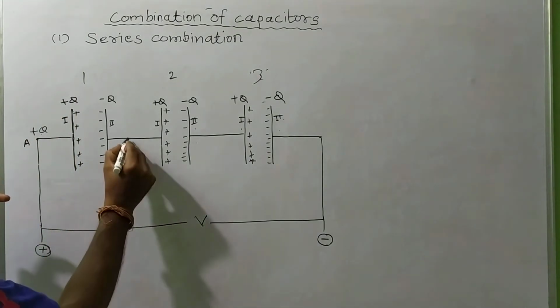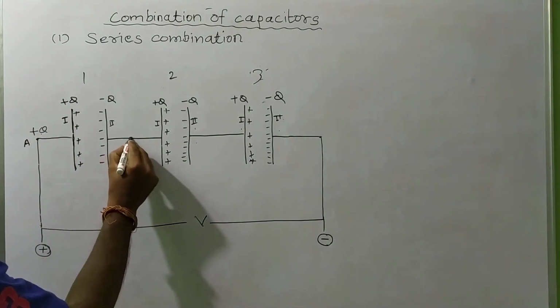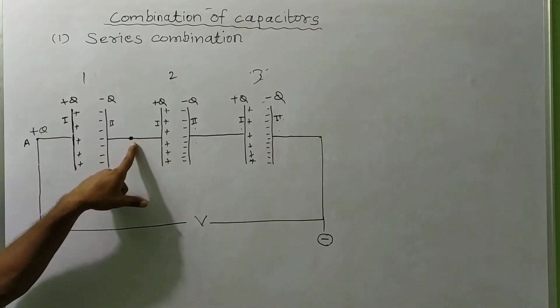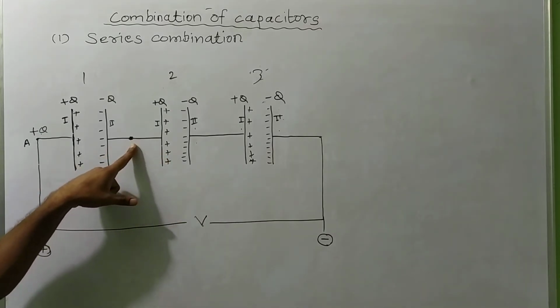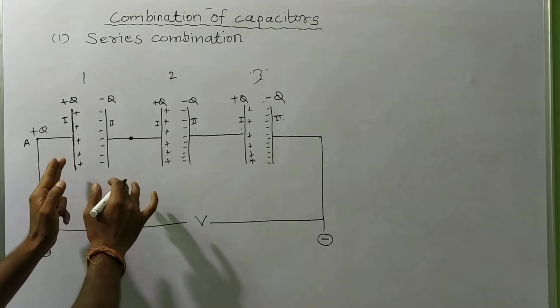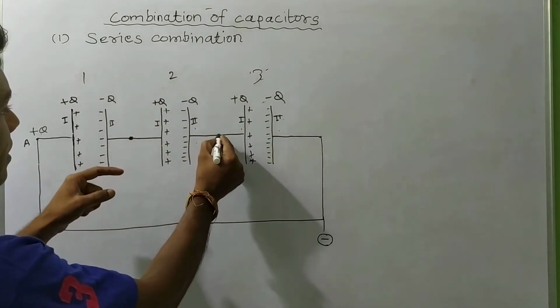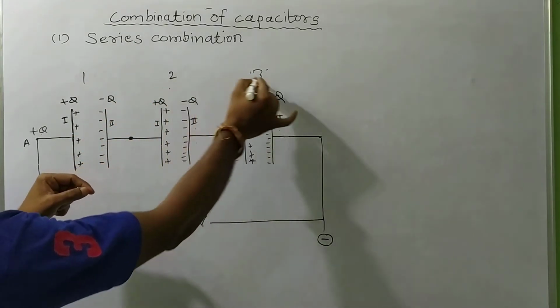So the potential, let this point be the connecting point of this capacitor and this, and this is the connecting point for second and third.